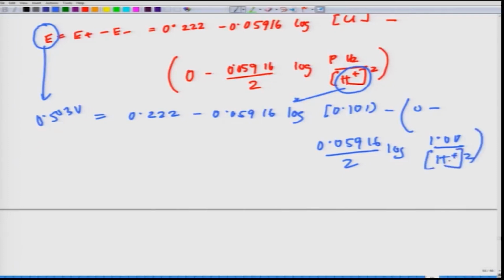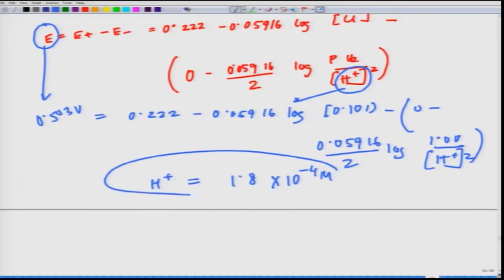Then you will calculate that the H plus concentration is equal to 1.8 times 10 to the power minus 4 molar.